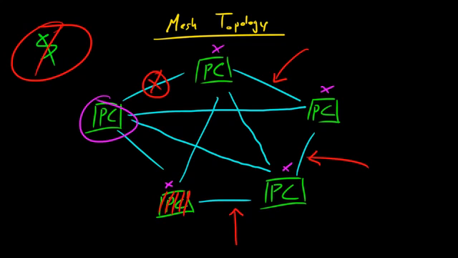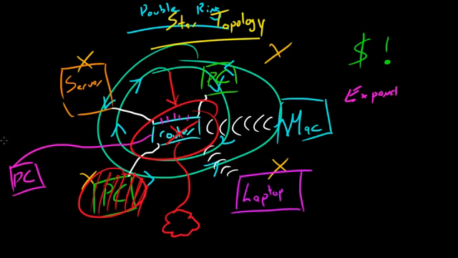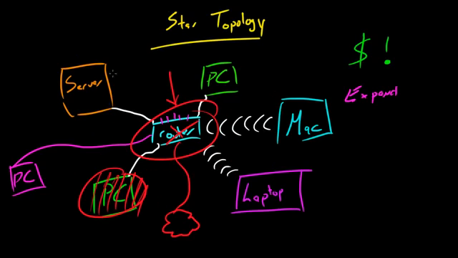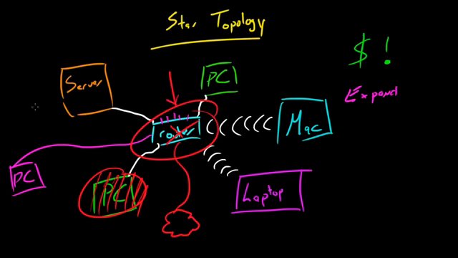Another thing is that, when I talked about NIC cards, typically, let me see if I still have my star example. Like in this star example right here, this PC right here would only have to have a NIC card with one port in it because it only has one Ethernet cable going to one router. So of course, one cord, and that would mean only one port in your Ethernet card.